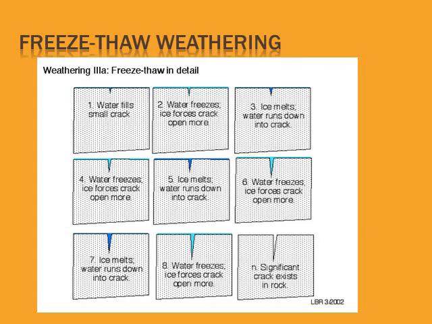So, question 1 was about freeze-thaw weathering, and this diagram shows you how it works. At night, temperatures drop, water freezes in cracks, and as it does so, it turns to ice, which expands by 10%, and that forces open the crack.